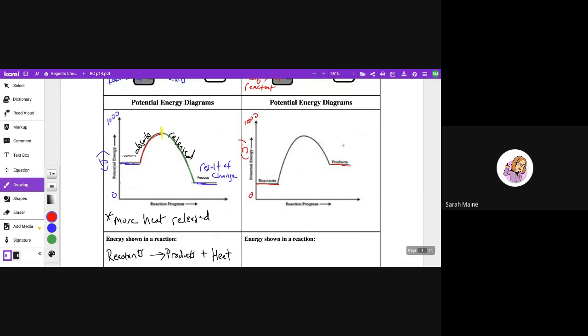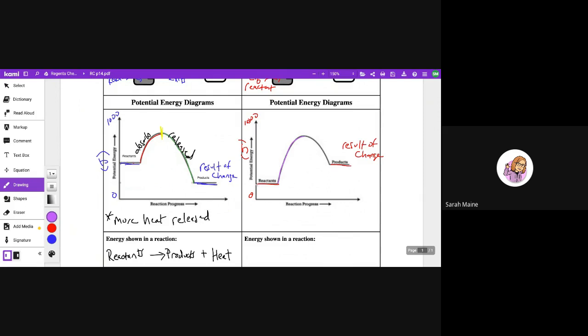So products are what are formed. So it's the result of the change. And like before, you can see that there's a hill that connects the two. And every time you leave the reactants platform, it's an uphill climb.